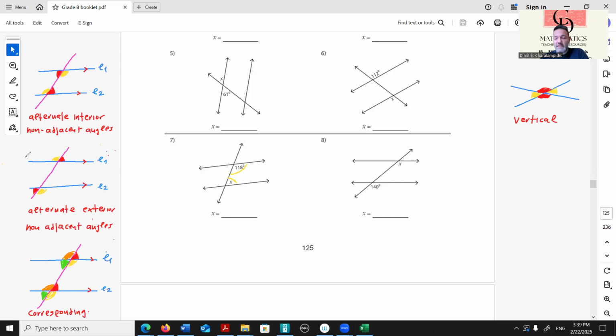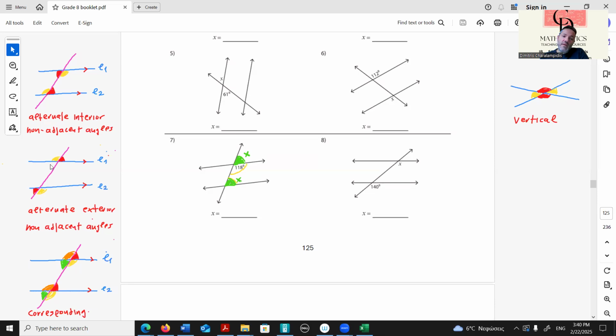They don't form a special pair of angles, but we could see that x, let this be the x, and this angle over here, these are corresponding. So this, as corresponding, should also be equal to x, because we know that two corresponding angles are always congruent to each other.